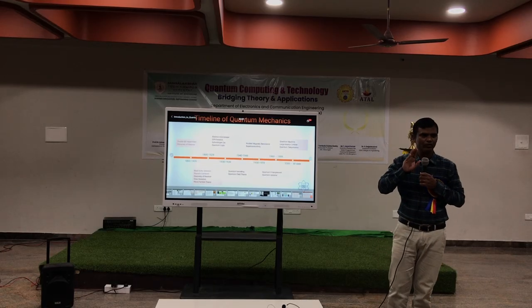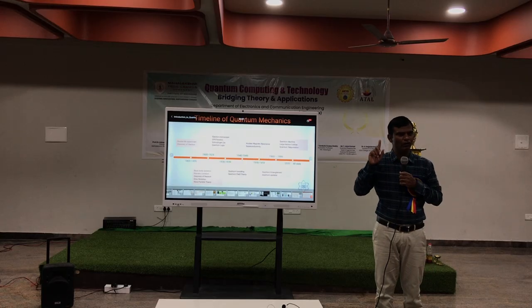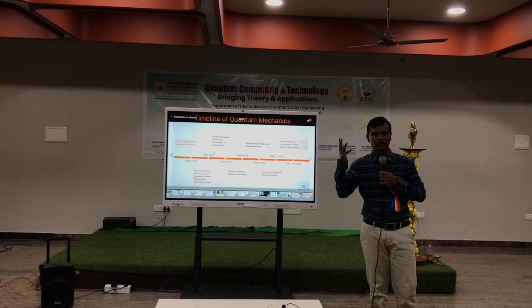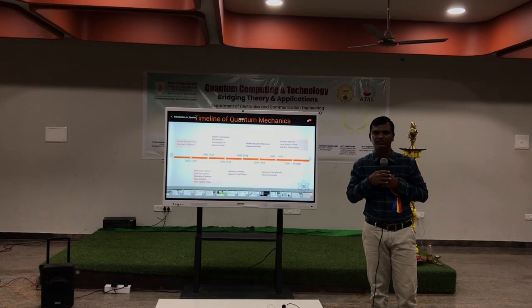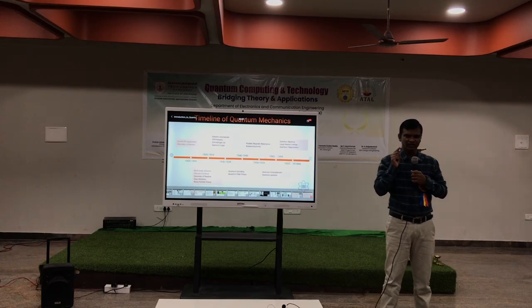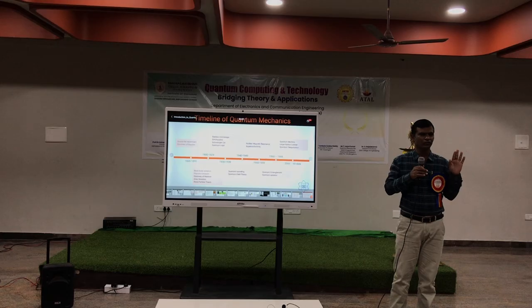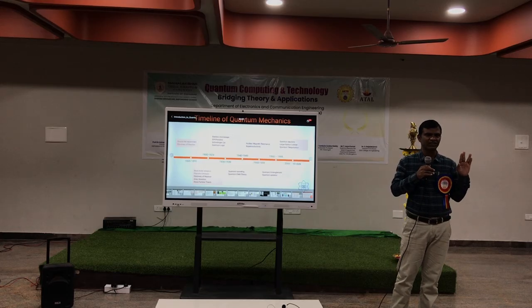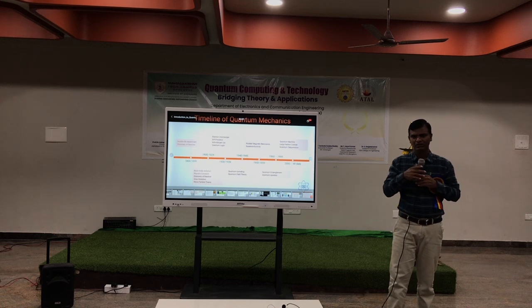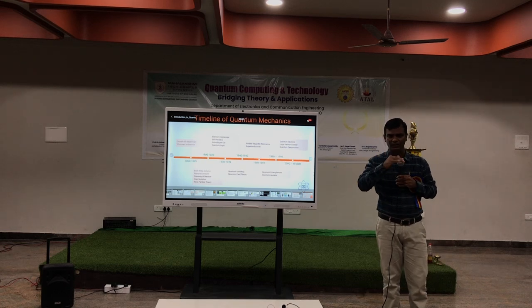The same problem, if you process it on conventional computers, may take several years. And a simple example: all of you know chess, right? Chess has two players and 64 squares.